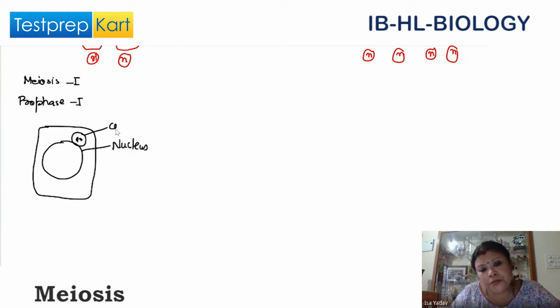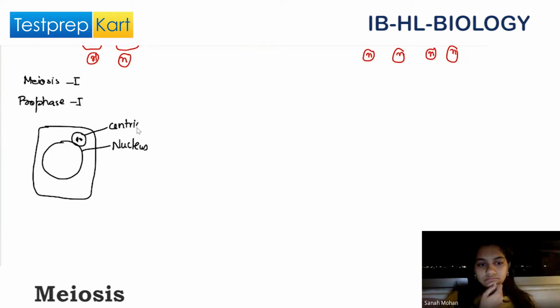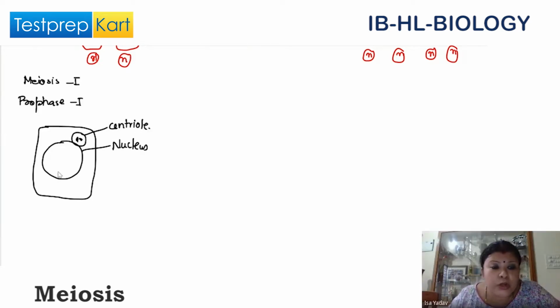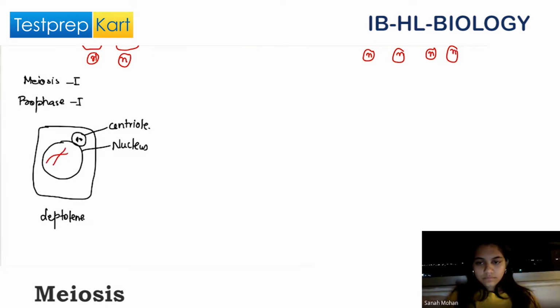This is the centriole. The first stage of prophase 1 is called leptotene. In leptotene, this is one chromosome, and this is the other chromosome.